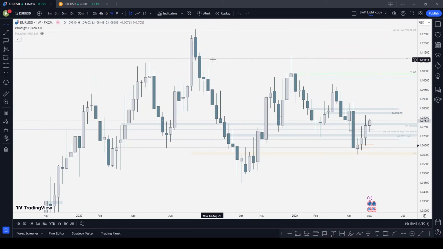One, a new week opening gap is confirmed bearish if there is a weekly close below that new week opening gap, and a new week opening gap is confirmed bullish if there is a weekly close above that new week opening gap.